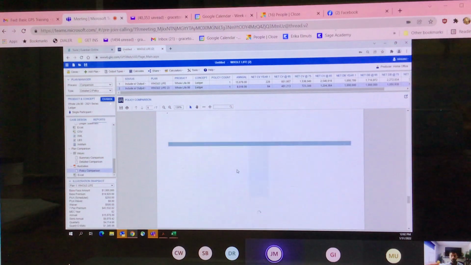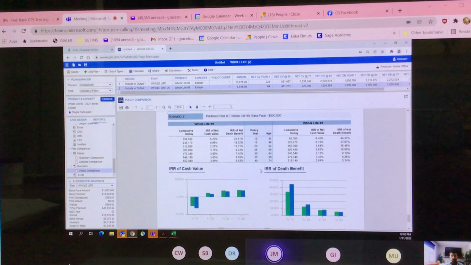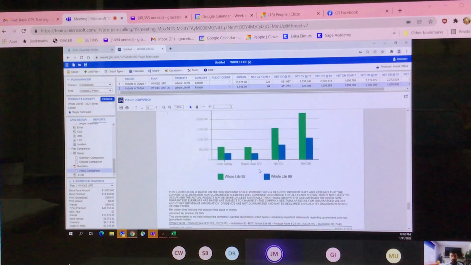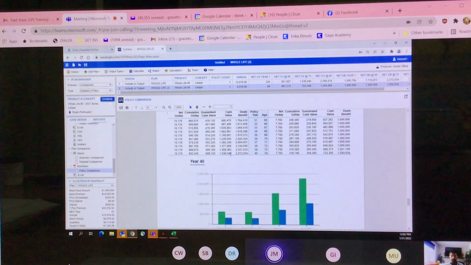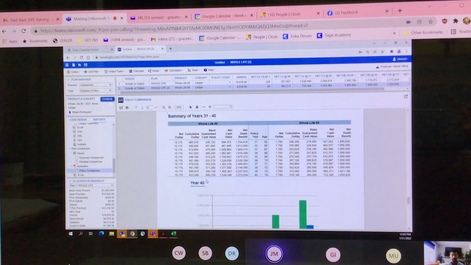So just to break it down, looking at year 40 in option 1, in which we had the full $1 million, we paid about $622,000 into it.